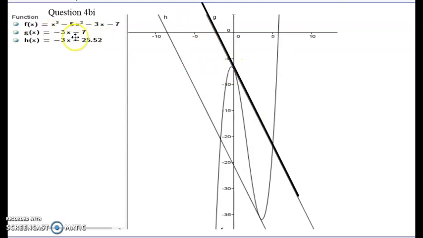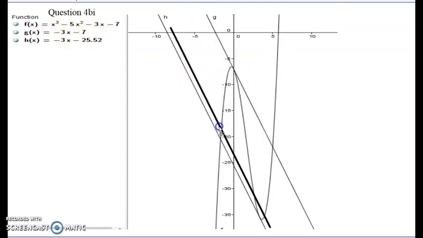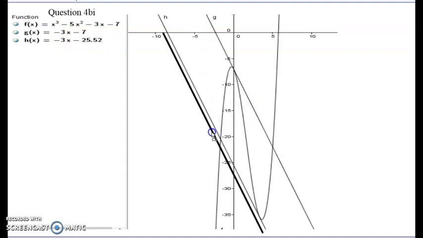I can see negative 3x, the gradient is negative 3. The gradient remains negative 3. The next point of contact will be at this point over here, but it will cut the y-axis at negative 25/52.